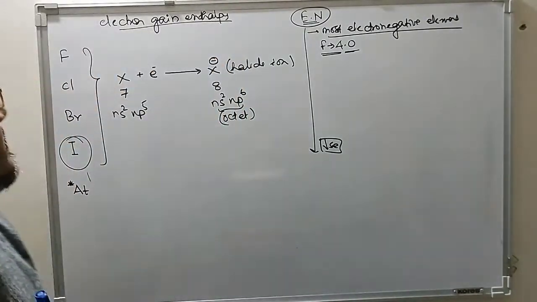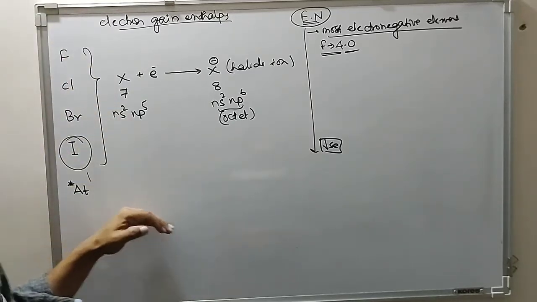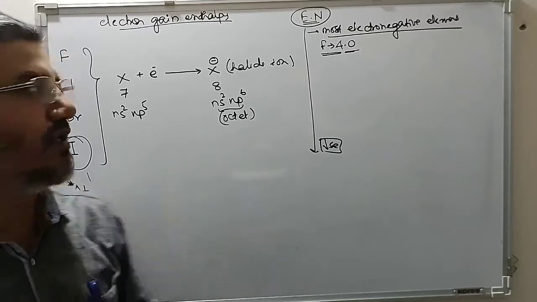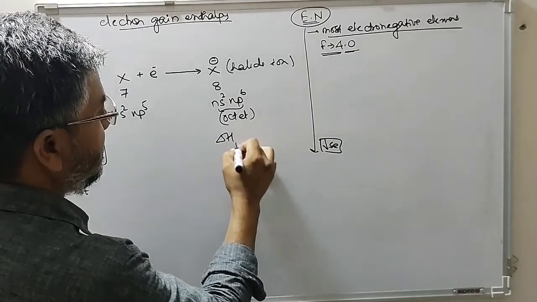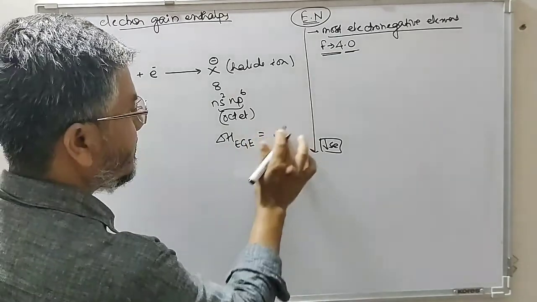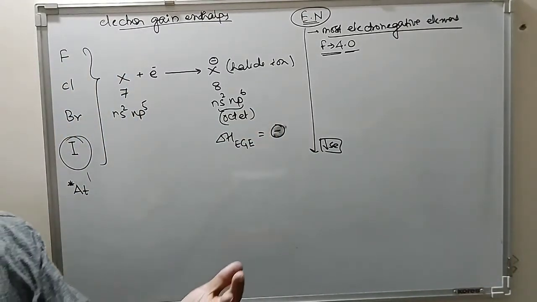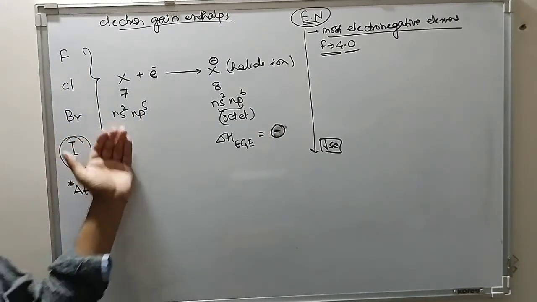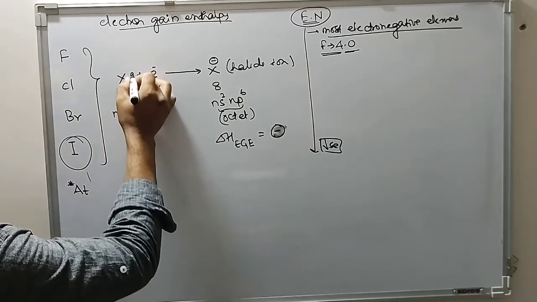Because of this, the electron gain enthalpy values of these elements are very large. The delta H electron gain enthalpy of all these elements is large negative. That means a large amount of energy is released when an electron is added to a neutral isolated gaseous atom.